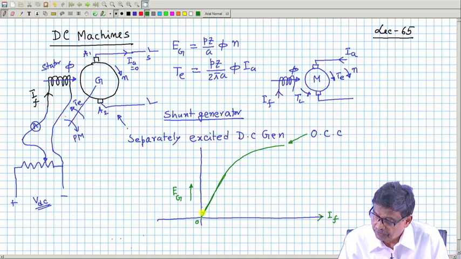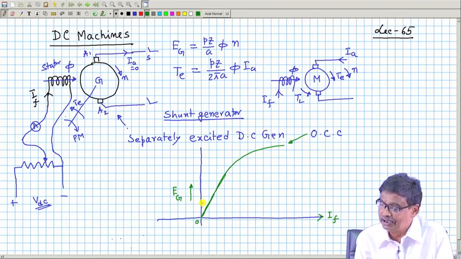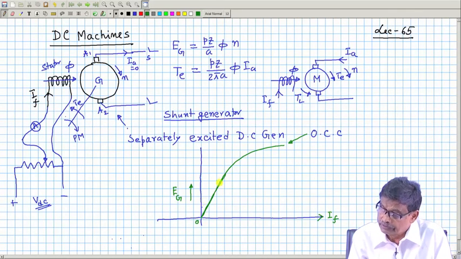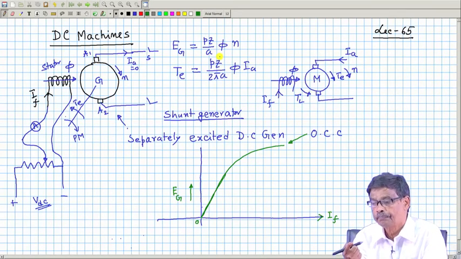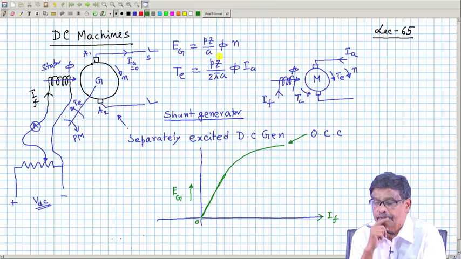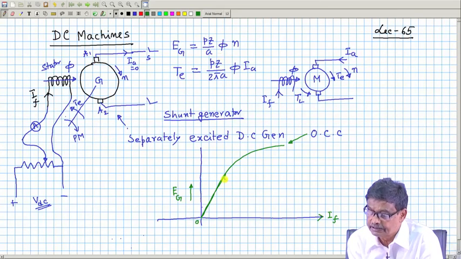It actually follows the magnetizing curve, the BH curve sort of thing. This portion is the linear zone. This equation depends on phi, mind you, not directly on I f. Phi can be replaced by some constant into I f provided the generator operates in this zone, otherwise not.